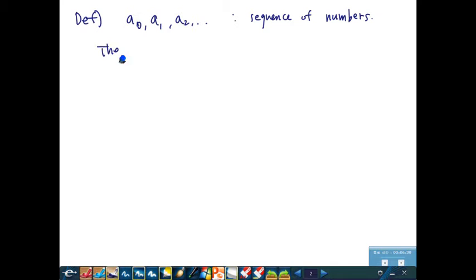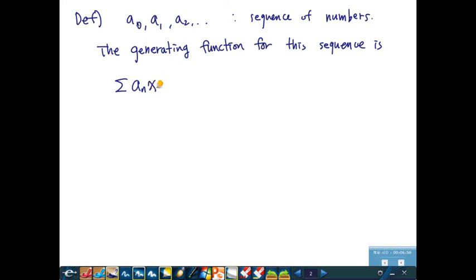Then the generating function for this sequence, I will tell you in more detail next week, but let's just give you the idea, is the sum of a_n x^n from n equals 0 to infinity. x is just a formal variable, but usually we use q, so let's use q here.